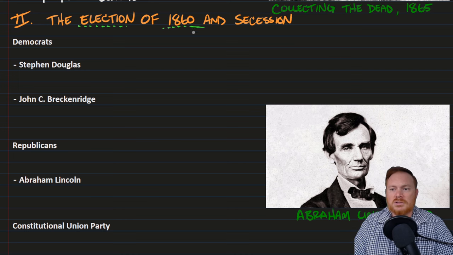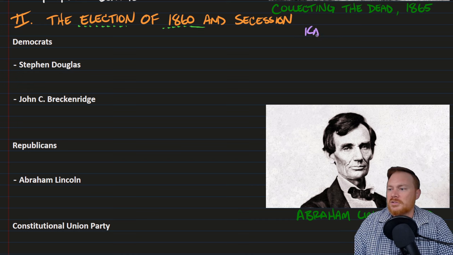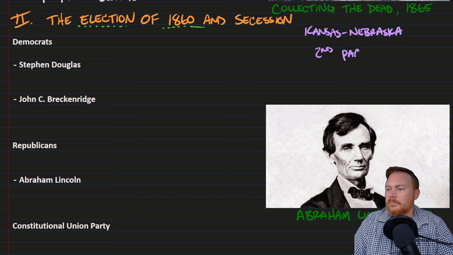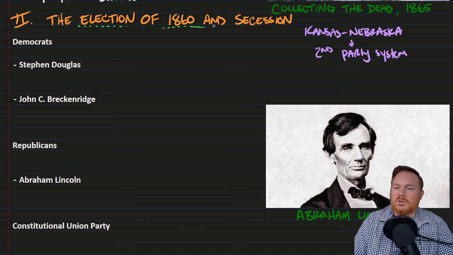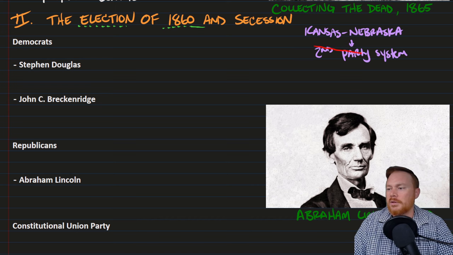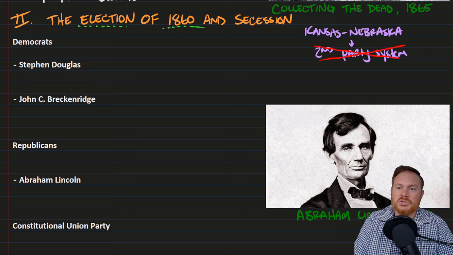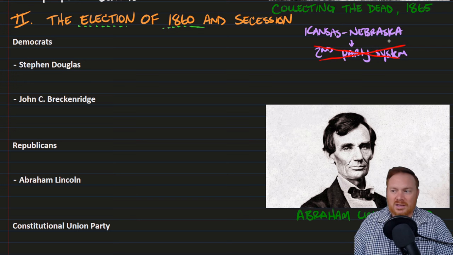So in the election of 1860, recall that events from last chapter, like Kansas-Nebraska, had taken the old second party system and had more or less wreaked havoc on the political system. The second party system, which consisted of Whigs and Democrats, came to an end thanks to the Kansas-Nebraska Act. And so politically, the country is not very stable. Again, it's in a sort of state of chaos.